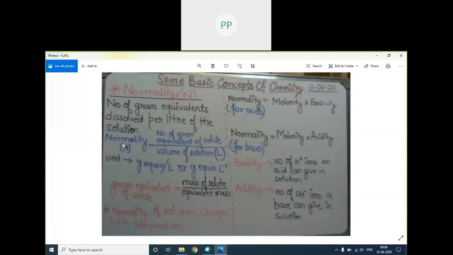Normality, capital N, equals number of gram equivalents of solute divided by volume of solution in liter. And its unit, in the numerator it is gram equivalent, so gram equivalent per liter, or you can write gram equivalent liter inverse. Now you can compare with molarity.